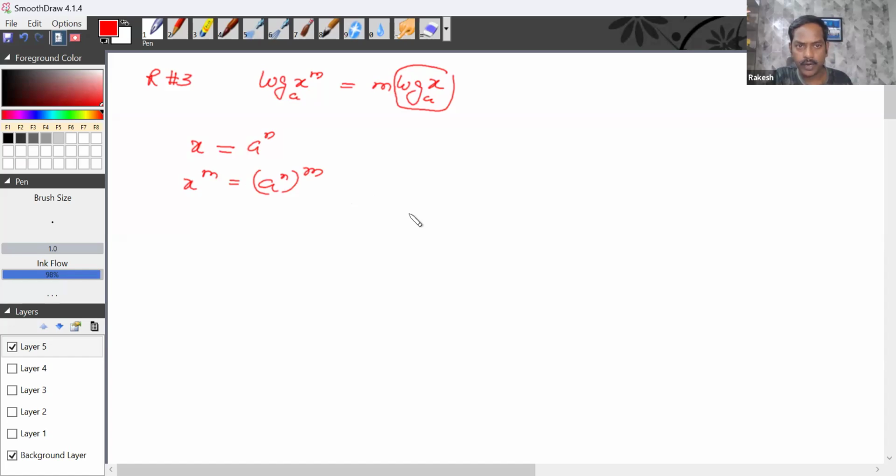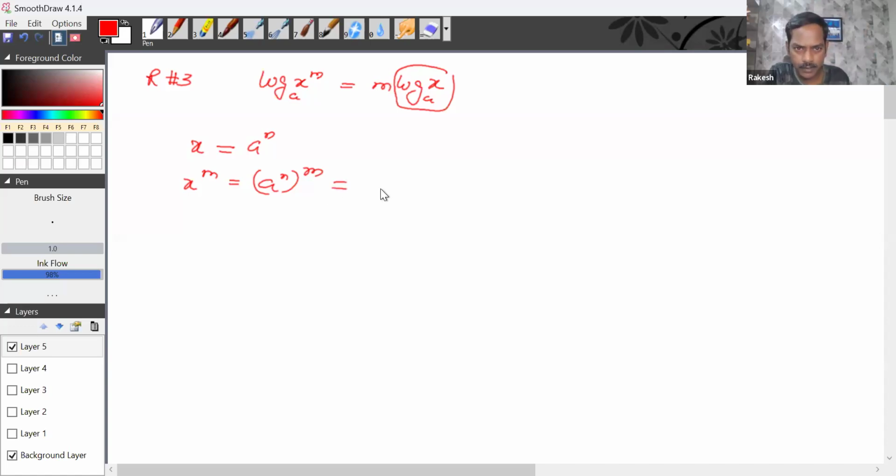Now I want to write this in the logarithmic format, logarithmic format with base a. Now I want to take logarithm both the sides. Or what we can take is that both the sides we can take by base a.